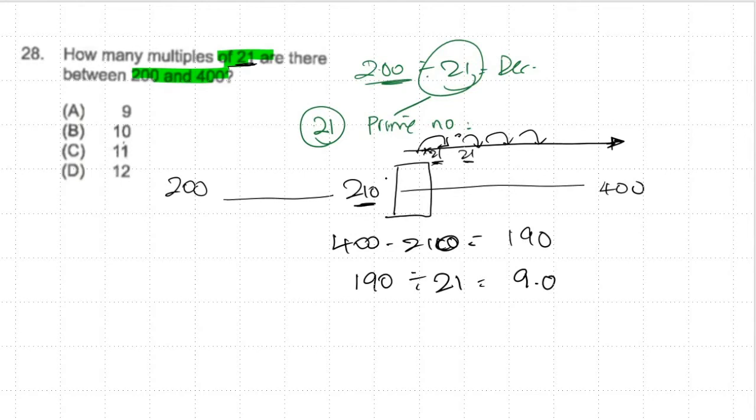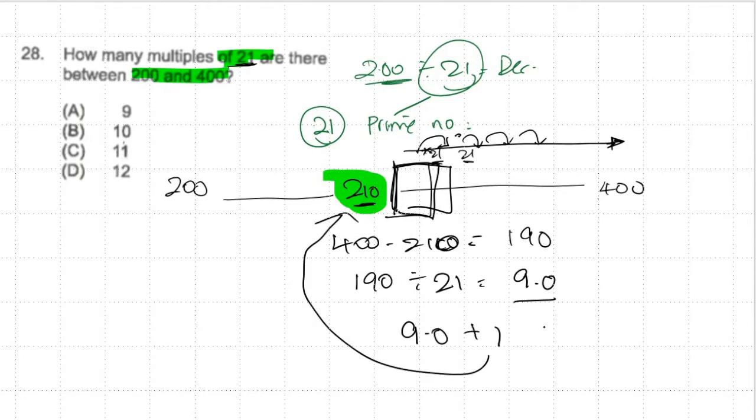No, because you notice that from this number onwards, I have 9 of them that can be divided by 21. But then I have to remember that my first number that I start with, this number, can also be divided by 21. So from here to here, I have 9 of that. Then I must add back 1. This one number is actually this thing here. So it's 10. Okay? So this is the correct answer.